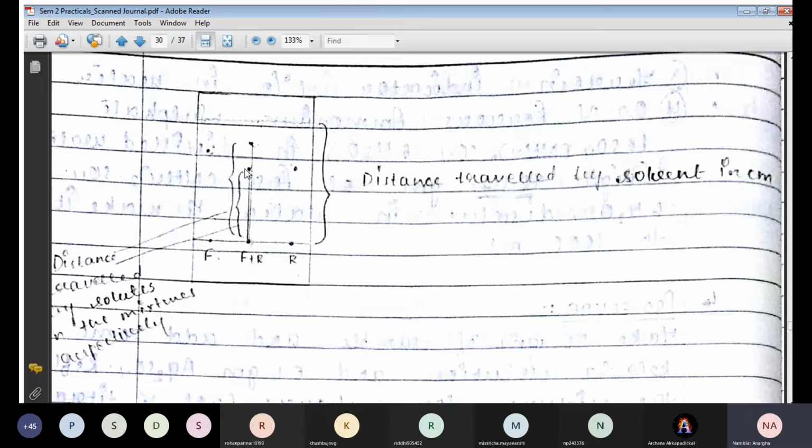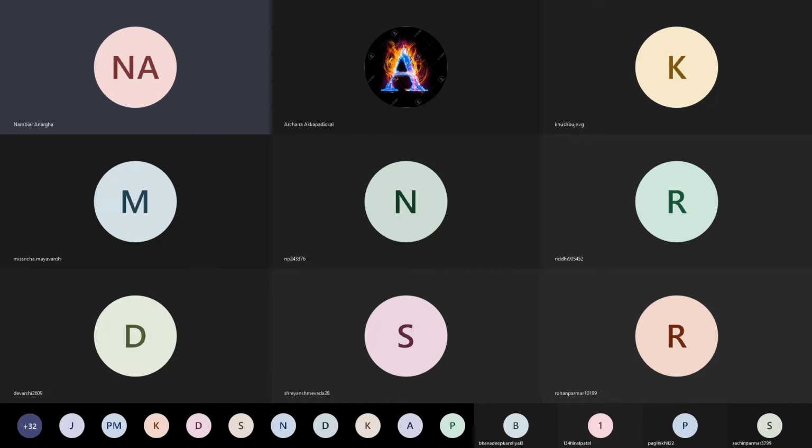Once it has been separated, you can see we have 2 spots after separation. So we have to know which separated spot is for what. For that we are using standards. You can see on the left side fluorescein has been spotted and it has run somewhere. Rhodamine also, you can see a spot.